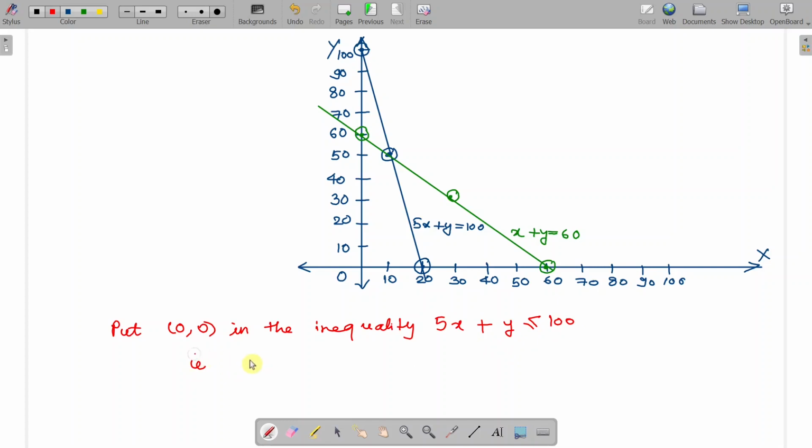So we will get 5 times 0, because we put 0, 0 in this, so 5 times 0 plus 0 less than or equal to 100. So we get 0 is less than or equal to 100, which is true. Therefore the inequality is satisfied.